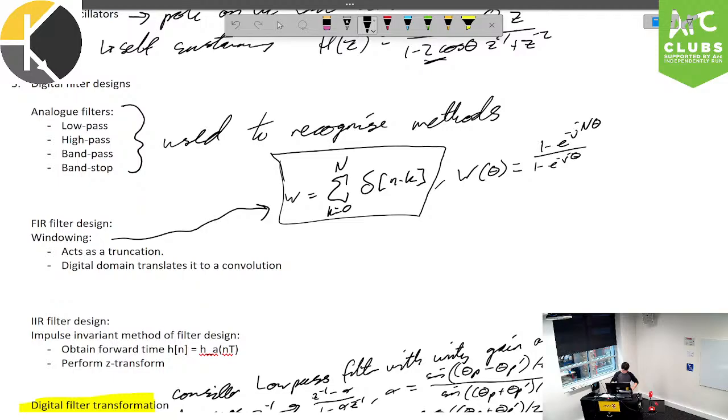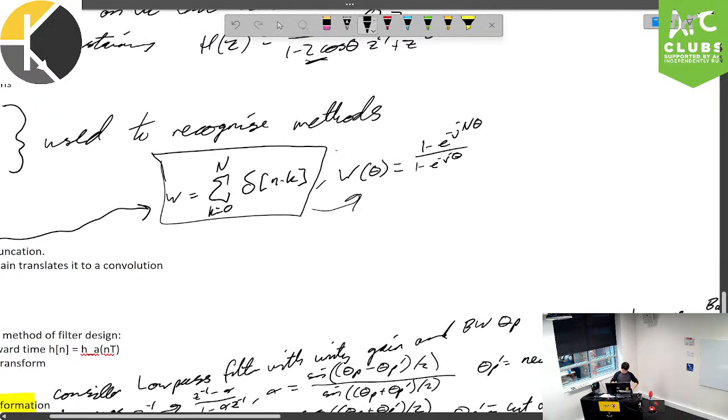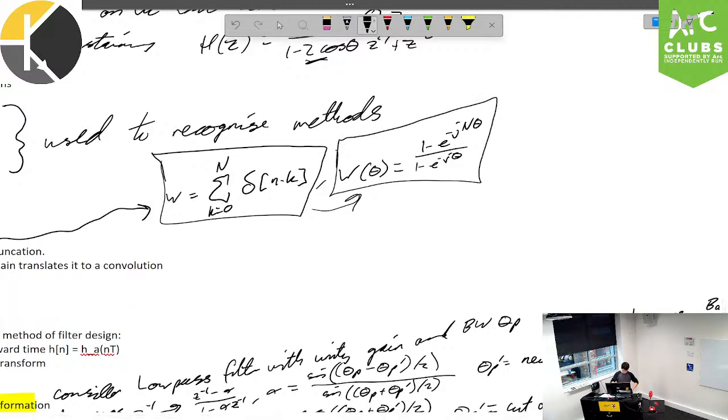FIR filter design can be in a method produced by working around an IIR filter you've obtained and then truncating it, as we saw it within the assignment, and can be a very useful tool to ensure that data sizes that we're dealing with are very restricted, okay, for storage purposes. Anyways, this becomes even more useful when we recognize that the digital frequency analysis of it just becomes a geometric sum, in which case we can deal with it rather nicer.